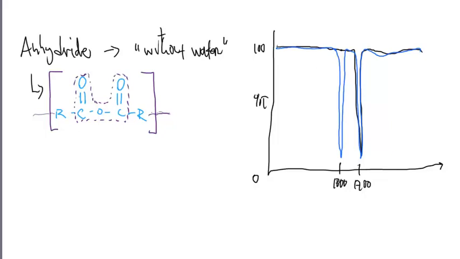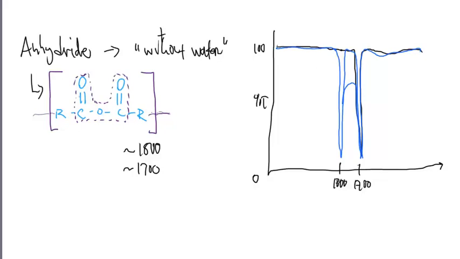Also, sometimes this will not have time to go all the way to the 100% T. So you'll actually see it take a dip at 18, come back up, and then it curves back over to 17 and dips back down again. So it's okay if it doesn't go back up to baseline, but you will definitely see the presence of two signals, one at 1800 give or take, and one at 1700 give or take a little bit. So those are the areas that we're focused on, and that is what we call an anhydride.